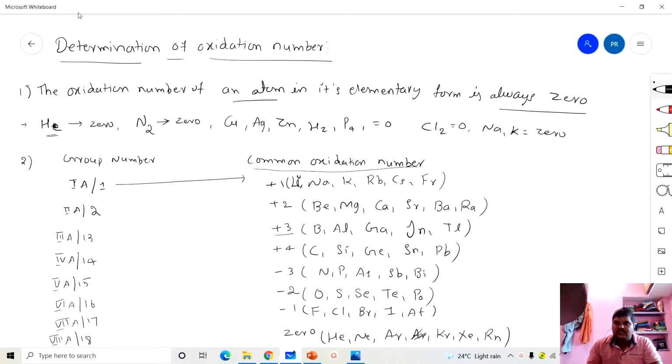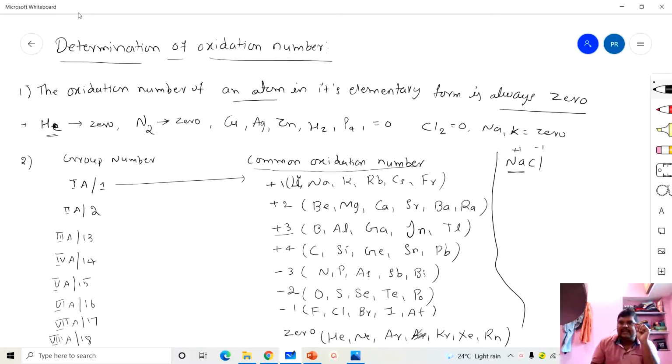For example, sodium chloride. If they ask what is the oxidation number of sodium, that is the first A group, so +1. What is the oxidation number of chlorine? That is 7th A or 17th group, -1.